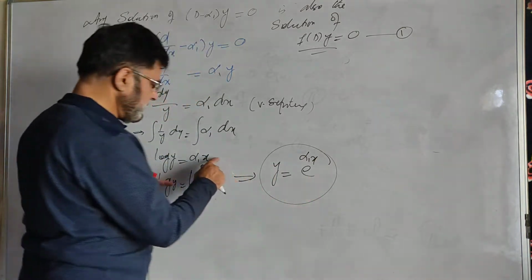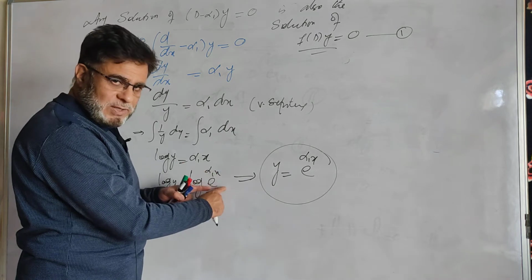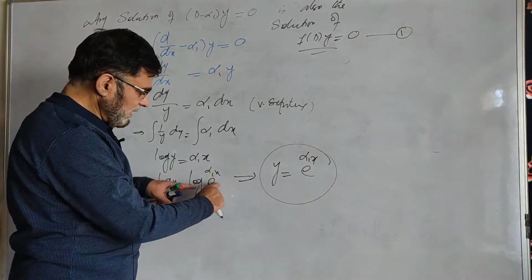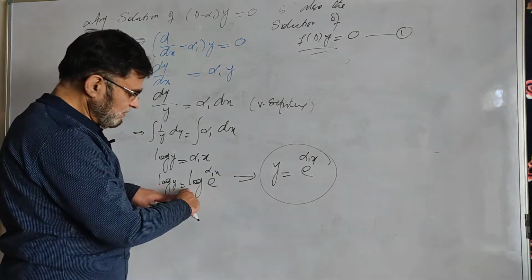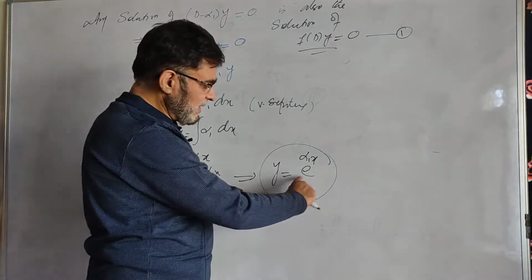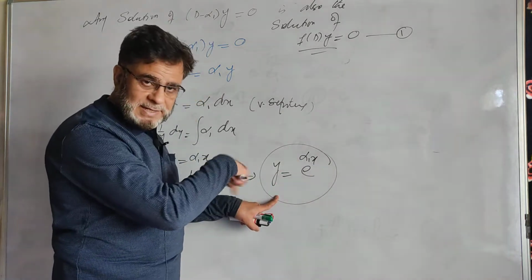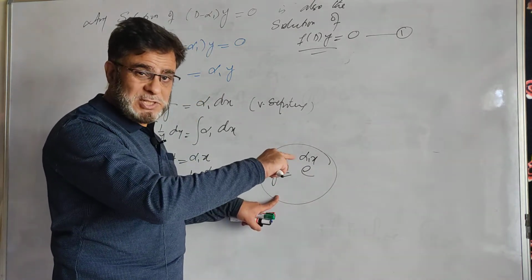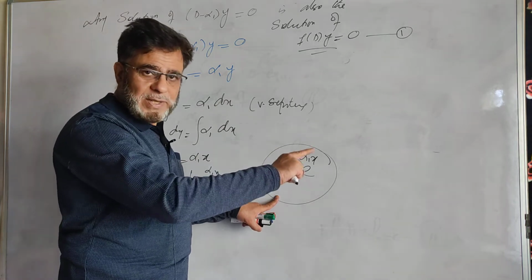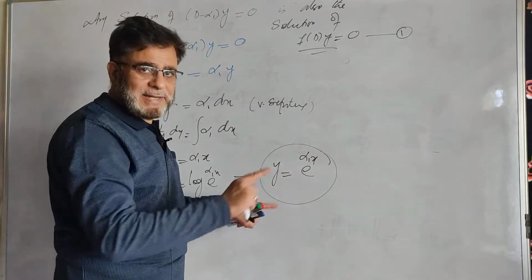If you write plus c here, then that c1 you will choose as log c, then this will be log m plus log n. Here it will be log of c1 e raised to the power alpha 1 x. Here you can have the solution y is equal to c1 e raised to the power alpha 1 x. And in the second case you will have the solution y is equal to c2 e raised to the power alpha 2 x. Then you have y is equal to c3 e raised to the power alpha 3 x, and so on.